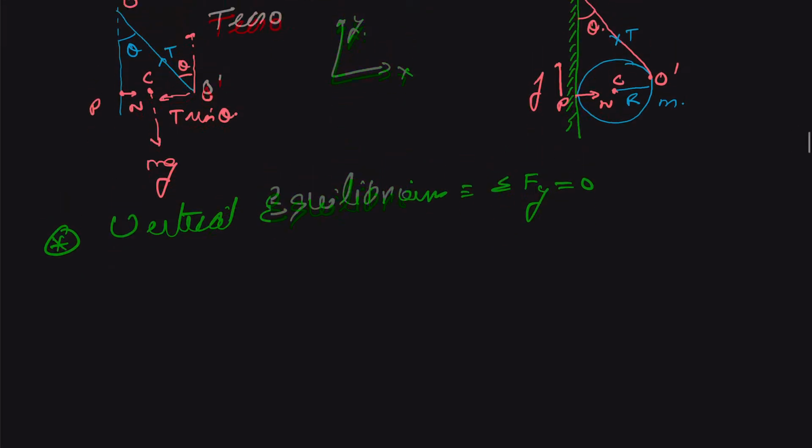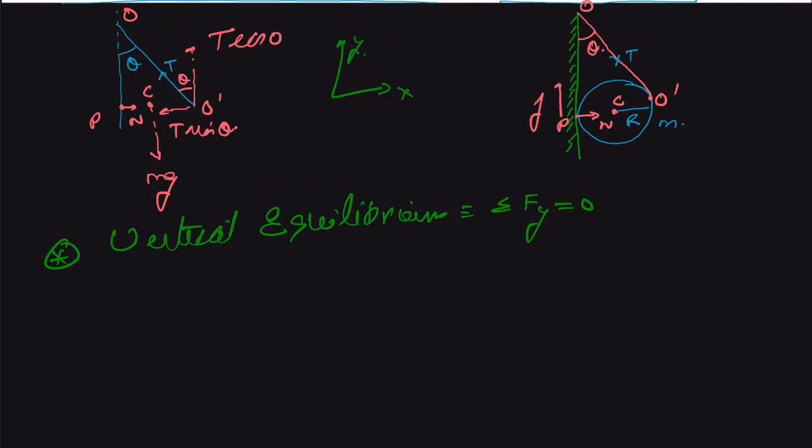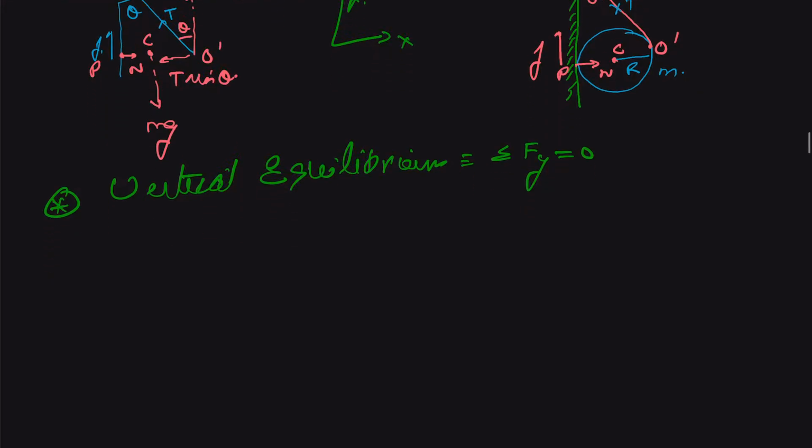One thing I forgot to mention, there will be friction in the upward direction. So T cos theta plus friction minus mg will be equal to 0.